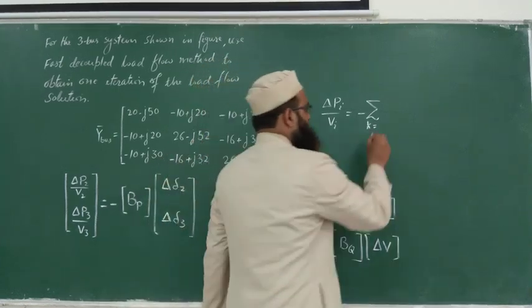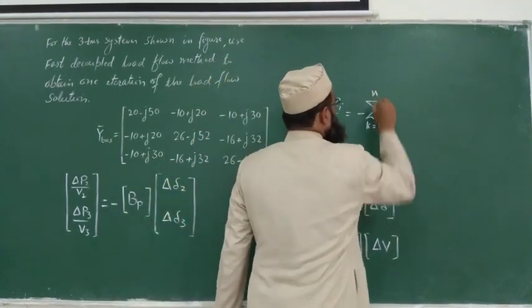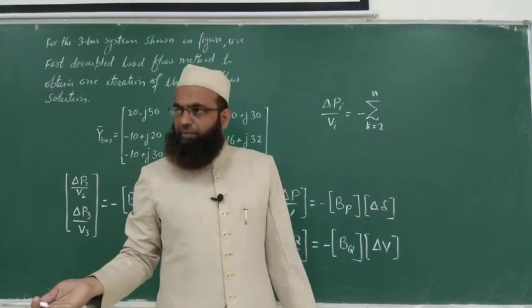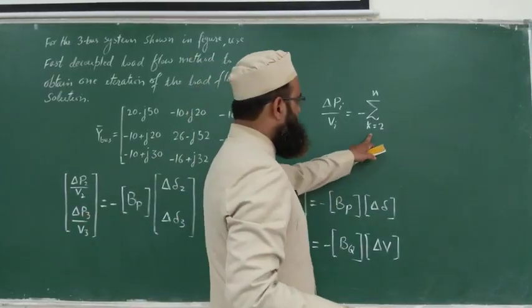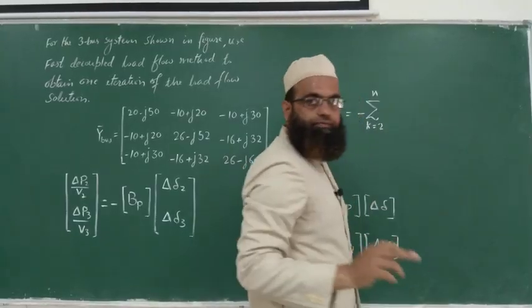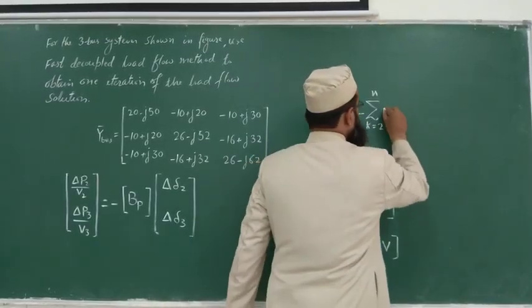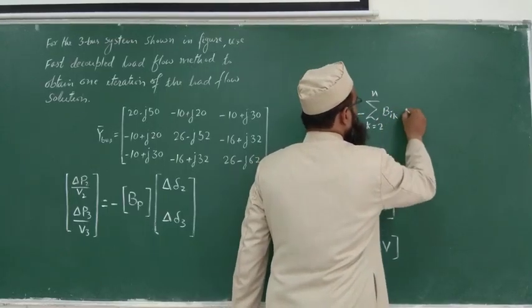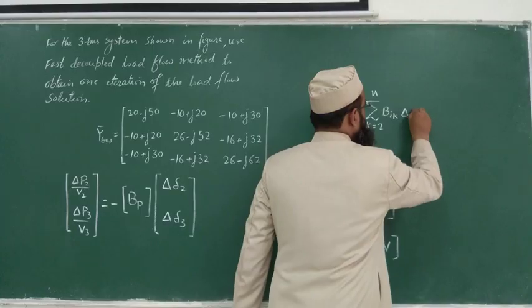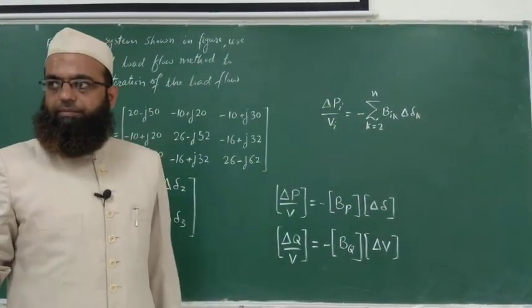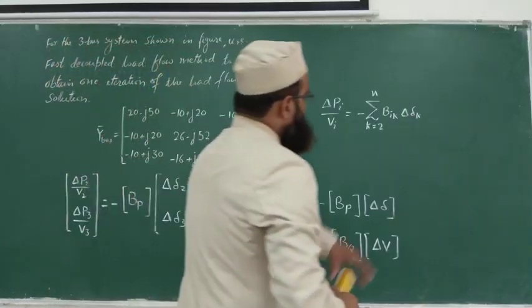So from bus number 2 to bus number n, whether PQ bus or PV bus, everywhere we are having P as specified parameters. That's why k from 2 to n. What was here? B. This is i. So write here Ik del delta. Just check your notebook. Is it the same?